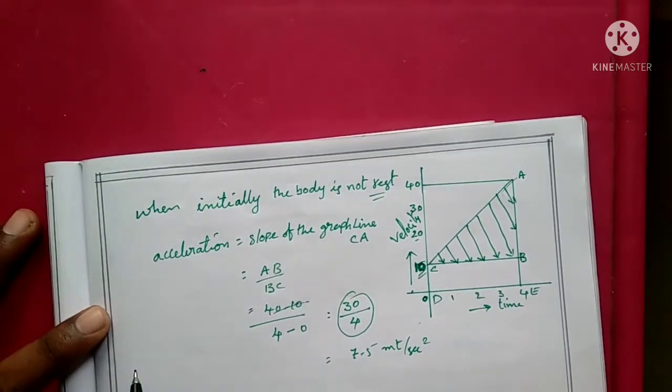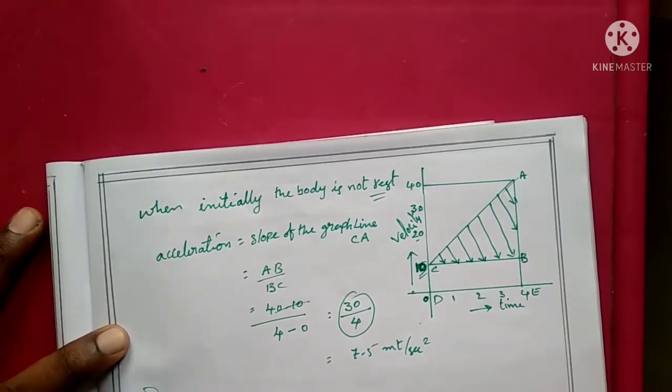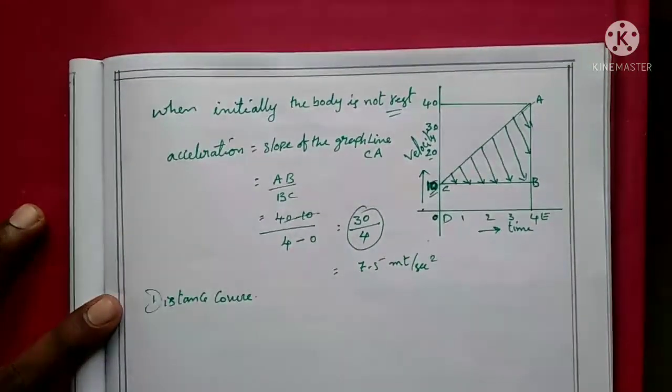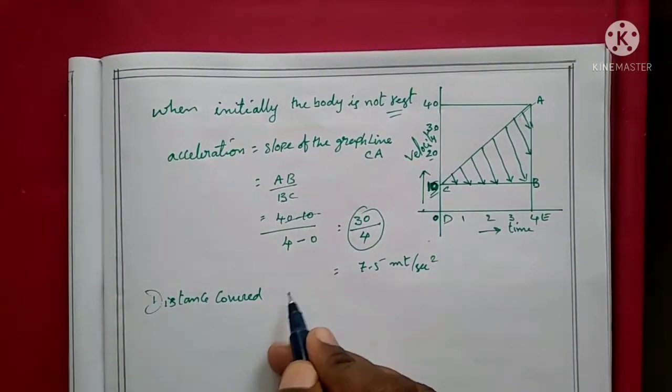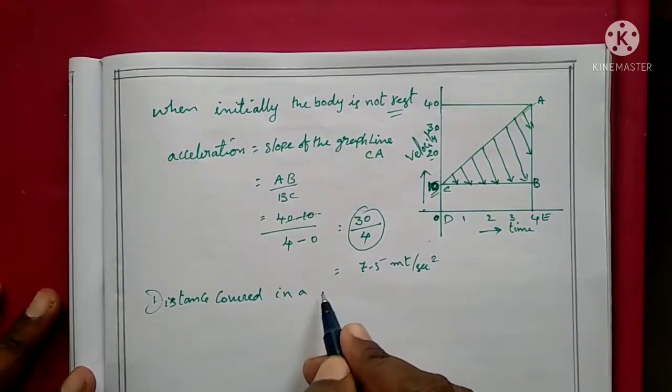The area under the graph indicates the distance covered in a specified direction.